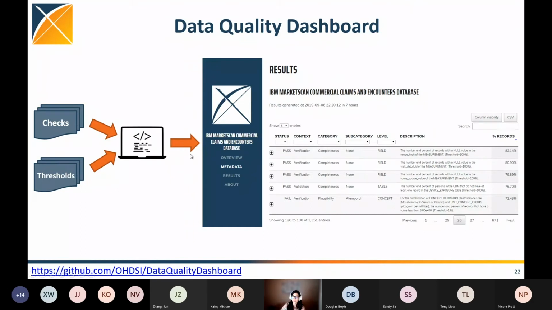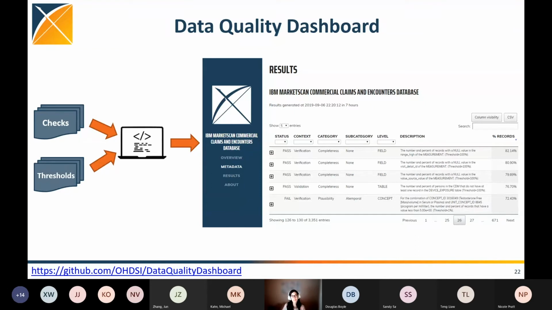And really, as I was saying, what you feed into the tool are these checks you want to run, as well as the thresholds that your checks will be evaluated against to determine whether or not they pass or fail. But really what this file is, is actually the schema of the database.